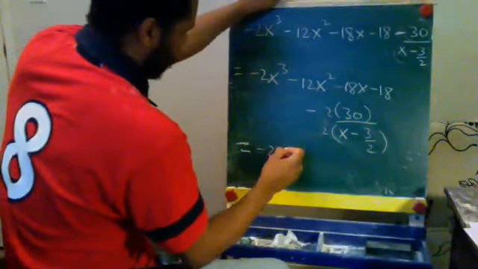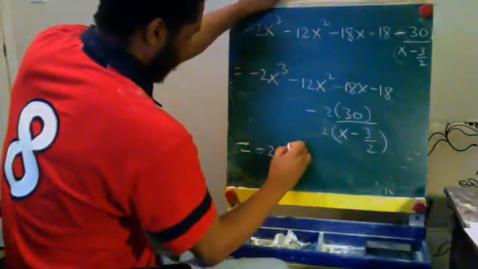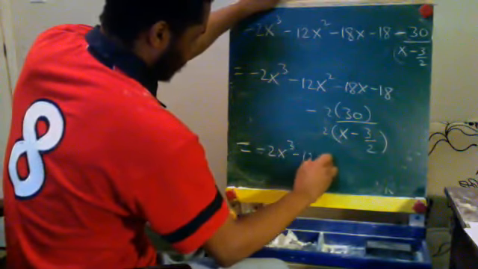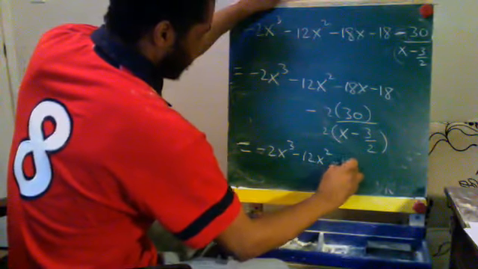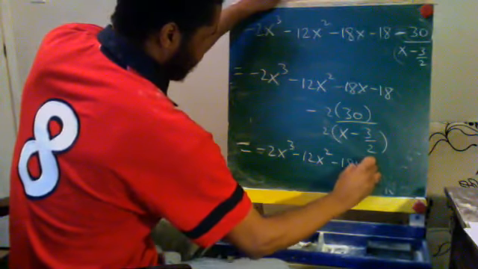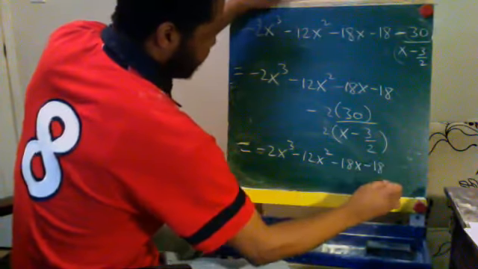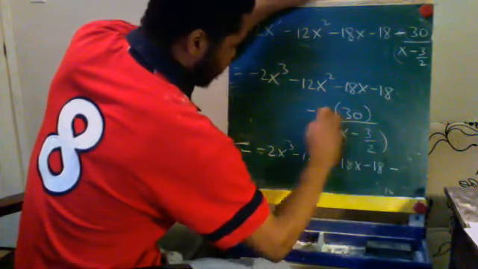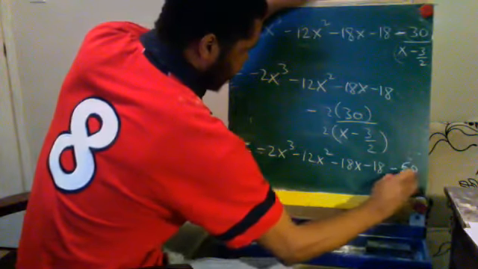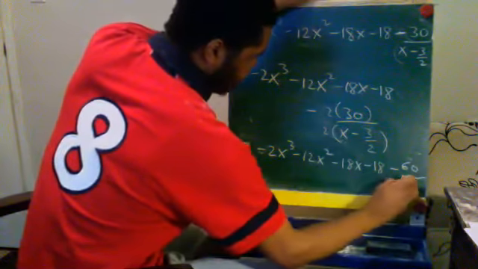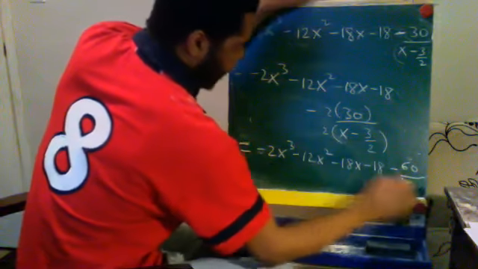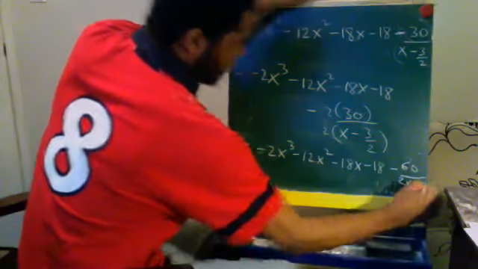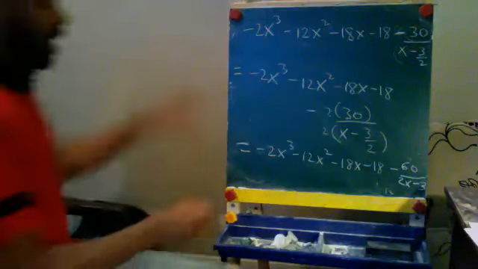The hard part was what came before. Negative 2x cubed minus 12x squared minus 18x minus 18 minus 60 over 2 times x is 2x, and the 2 cancels. So that is the answer.